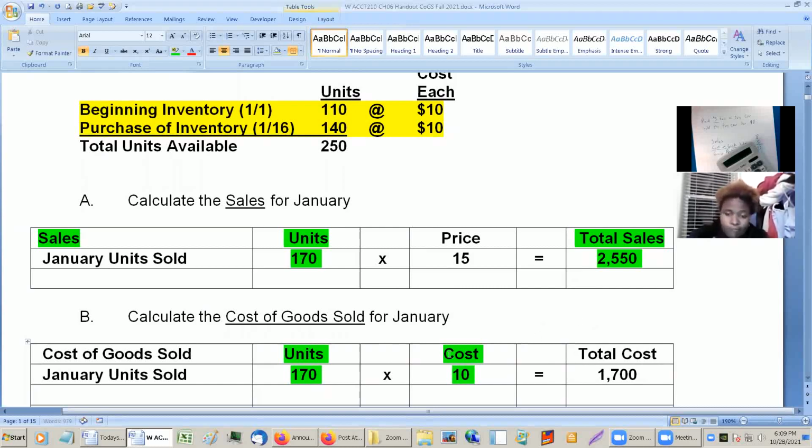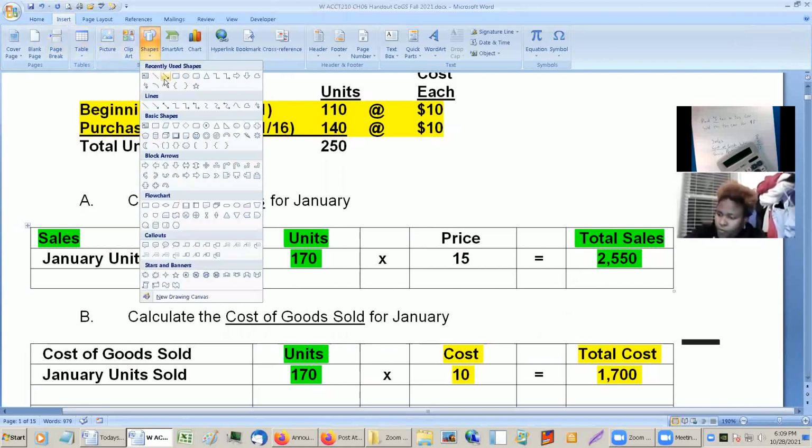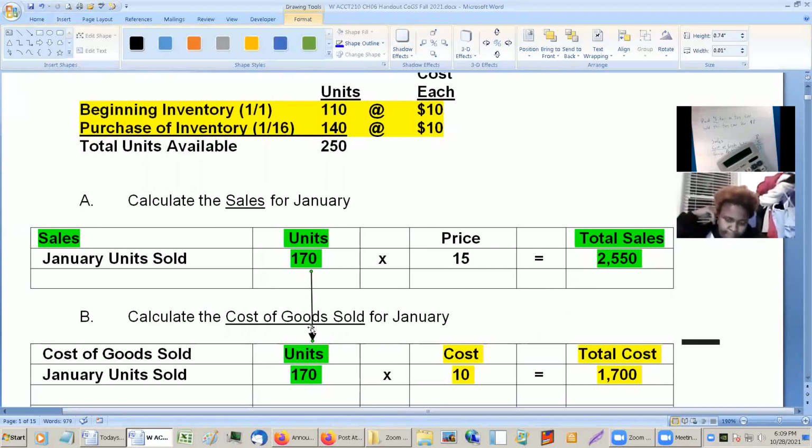Wait a minute, I did this wrong. This is for the cost. So notice something here, though. I want to make a point of this. These two are always going to be the same.